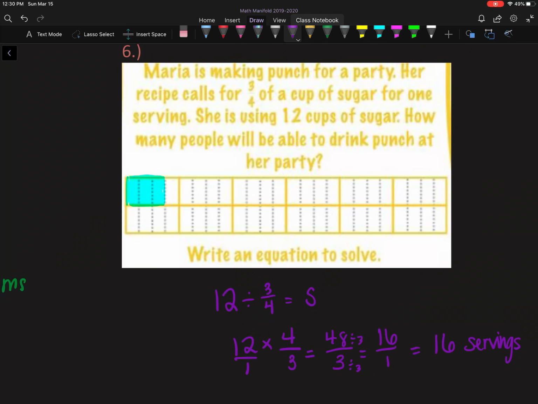servings. And I could go through and do the same thing I did last time where I go through and block in 3 servings at a time.